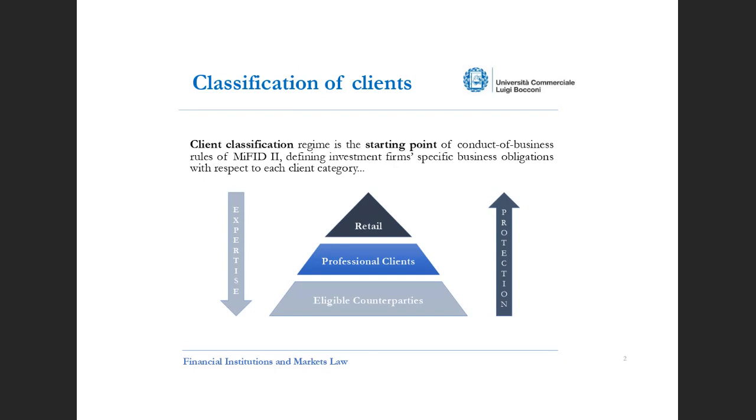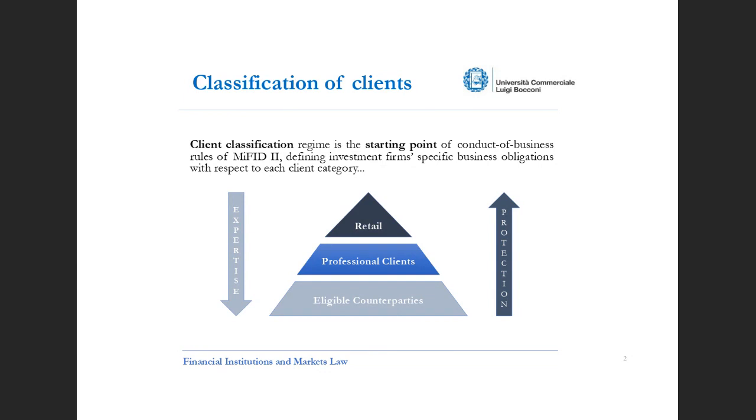Let's go back to the classification of clients. We already discussed this a little bit last time, and this slide gives you a visual representation of how MiFID treats the classification of clients, and you see it's like a pyramid, and you have the three groups of clients that we already looked at: retail, professional, and eligible counterparties.